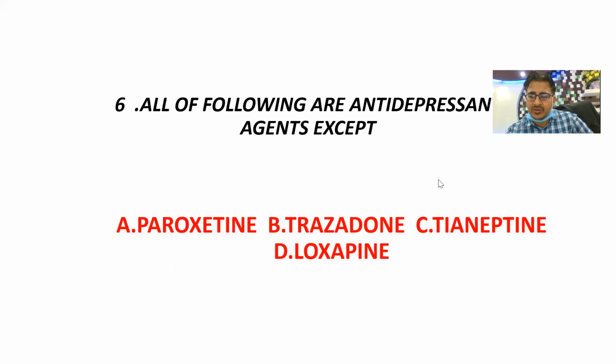For antipsychotics and antidepressants, you have to mug up all the side effects, what the proper indications are, in which condition the drugs are used, what EPS is known to occur with some antipsychotic drugs, all about the drugs.